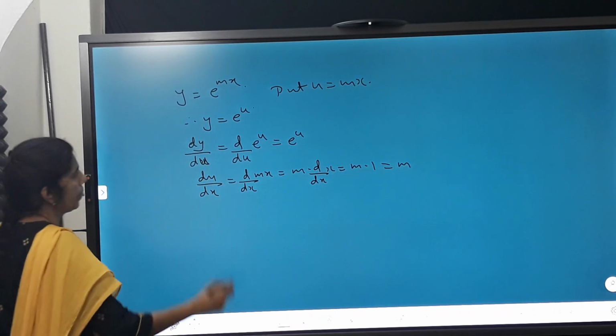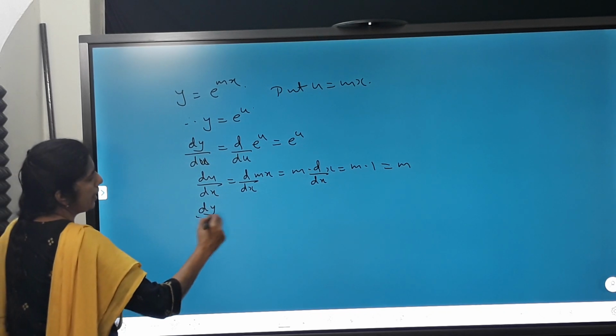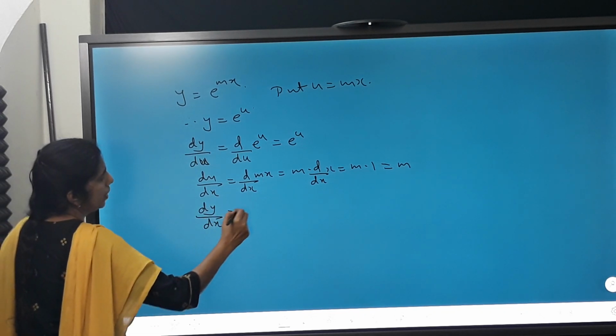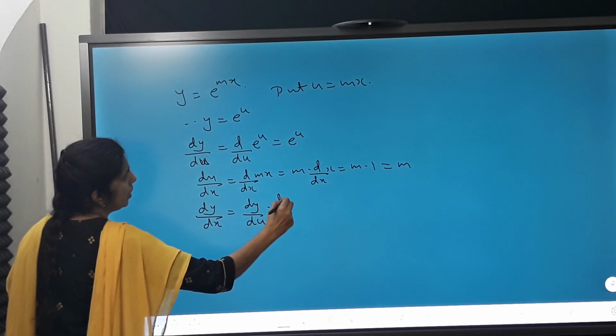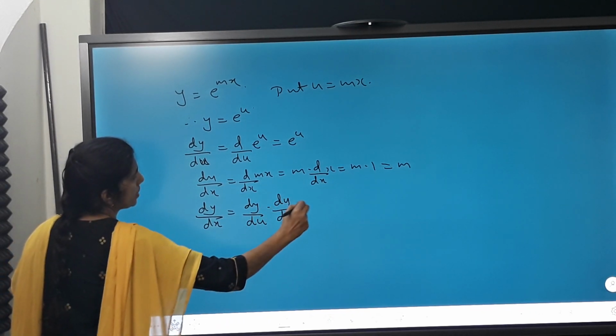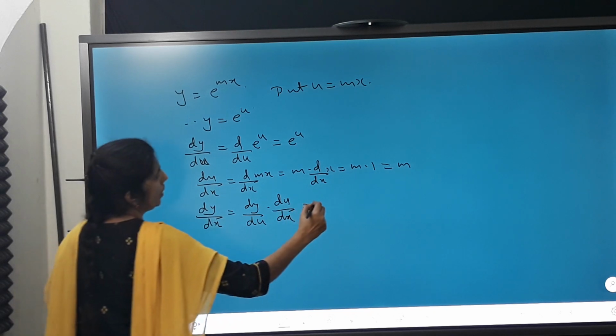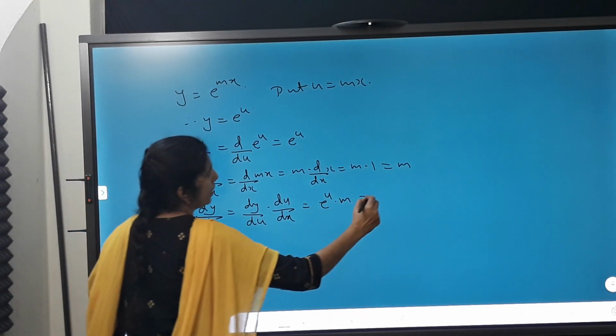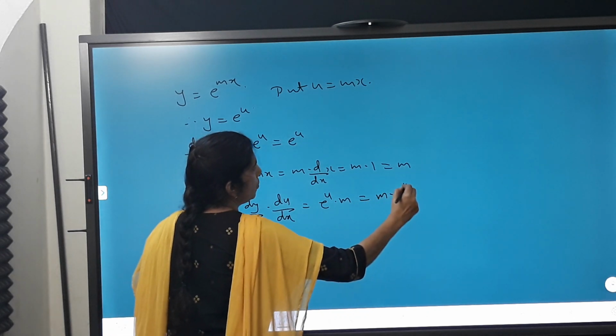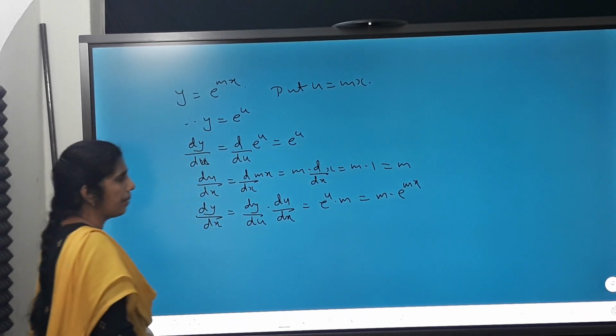So dy by dx equal to dy by du into du by dx, that is equal to e raised to u into m, that is m into e raised to mx.